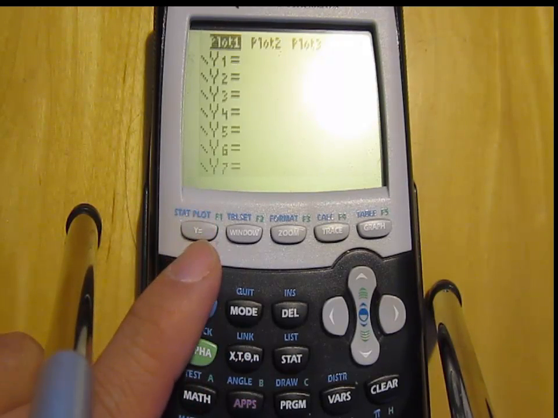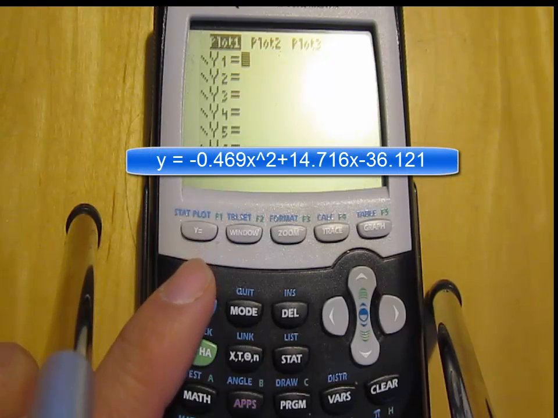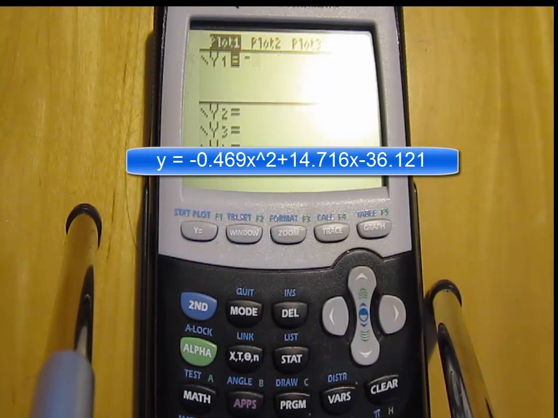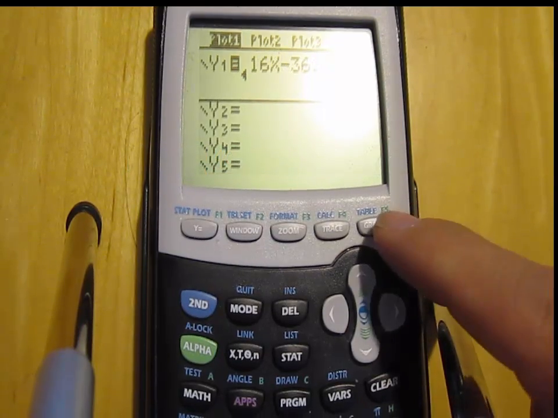To see the continuous graph, you have to hit y equal, then you have to enter the equation, of course with the values of the variables a, b, and c. So you just enter the equation, then hit graph.